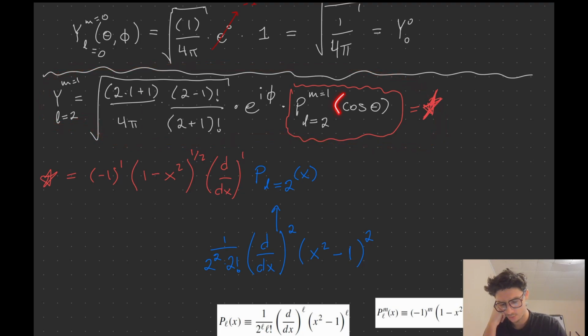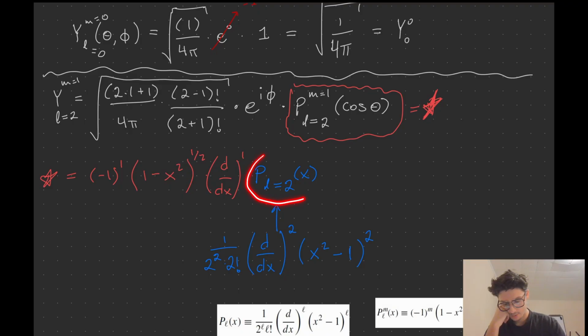But keep in mind, in here we're not putting x, we are actually putting cosine theta. But inside this function, we have everything in terms of x over here. You see this? So eventually, we're going to have to change that x for this cosine theta, but I want to do that all the way at the end because I don't want to take derivatives of cosine theta. It's going to be the same thing, you just got to do an extra u sub, but it's going to get confusing. But we have to do it in steps.